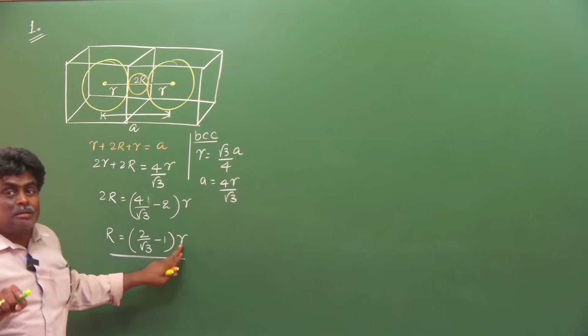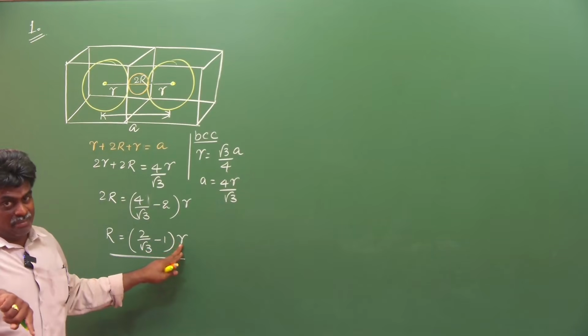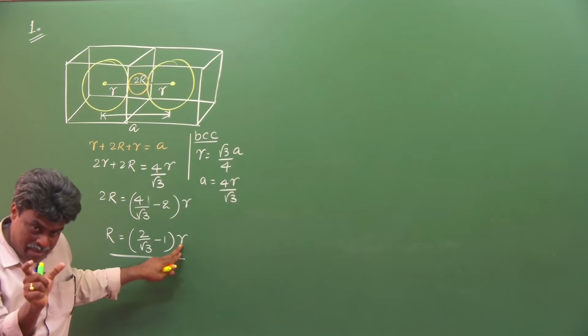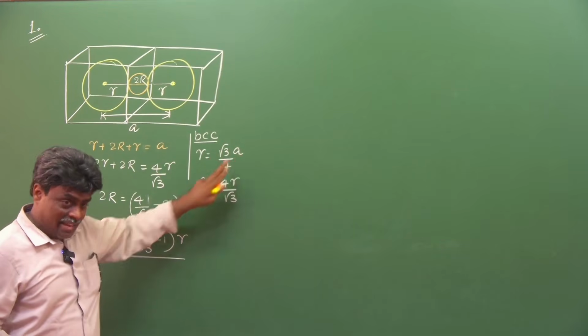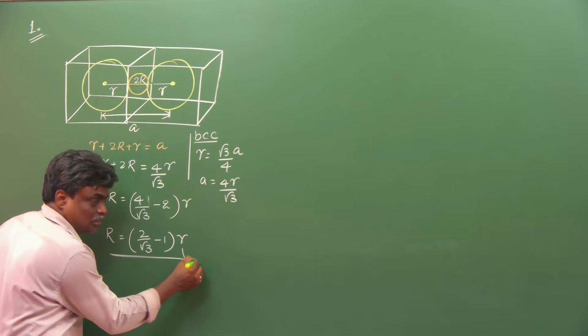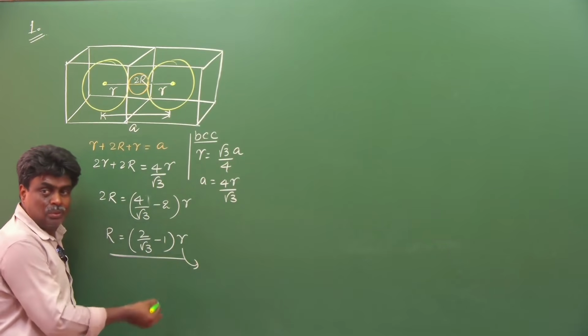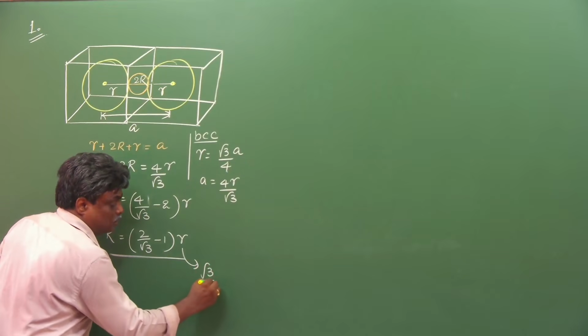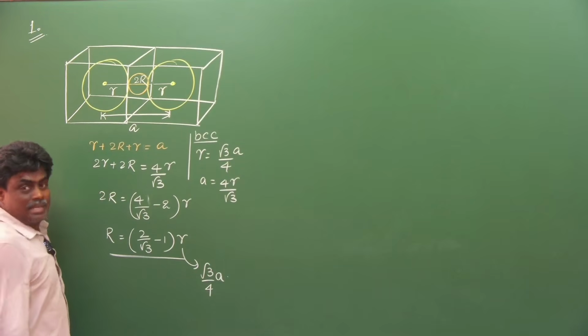This is in terms of radius of the atom. In the options, sometimes they will give the answer in terms of the parameter a. Then you have to resubstitute r equal to root 3a by 4. Don't forget what he is asking; you have to be a little bit careful. Is that clear?